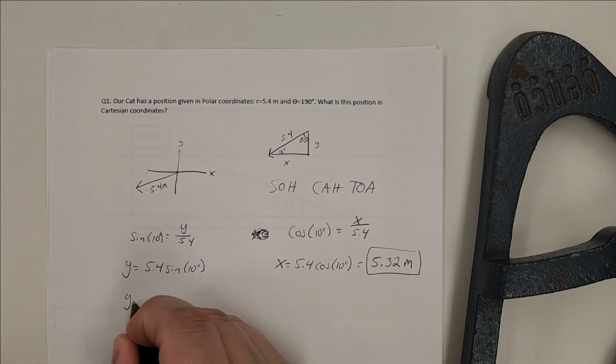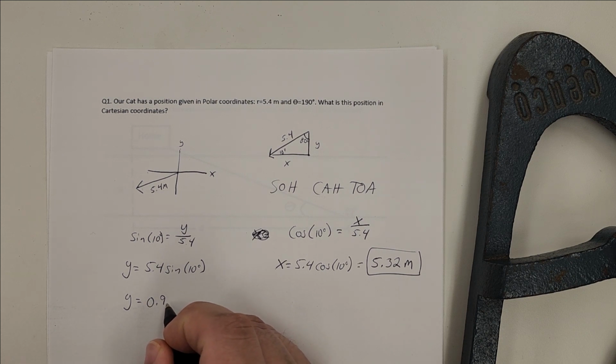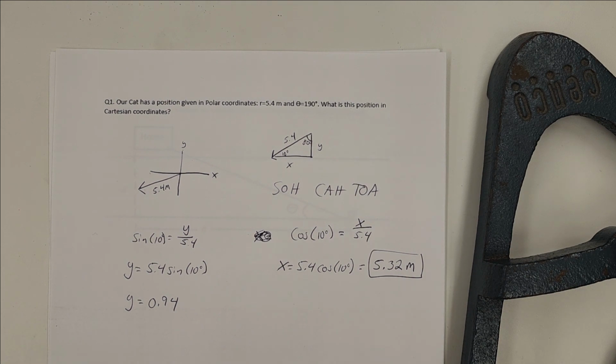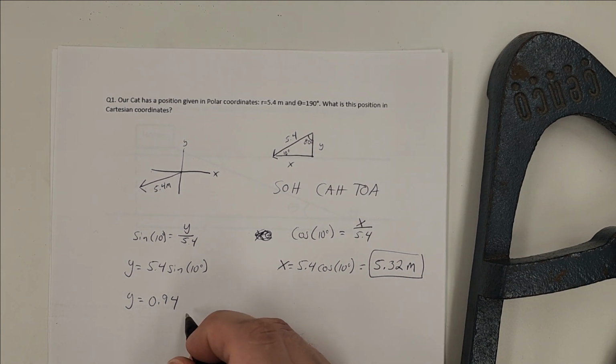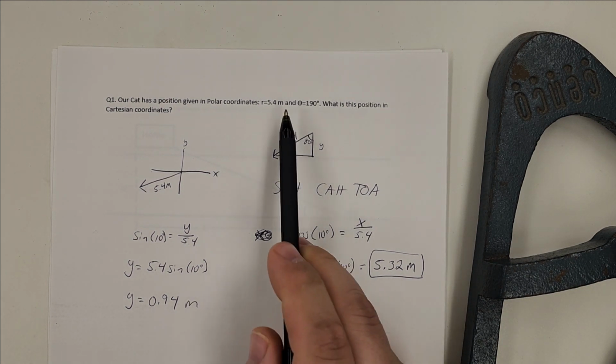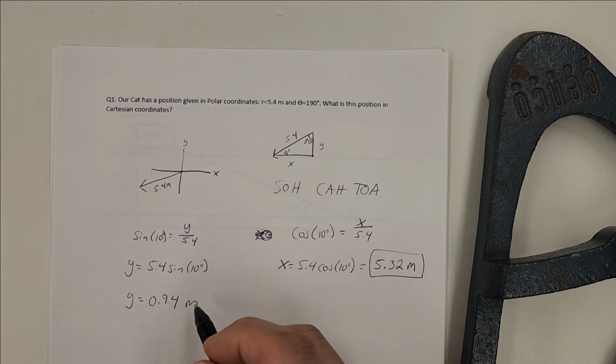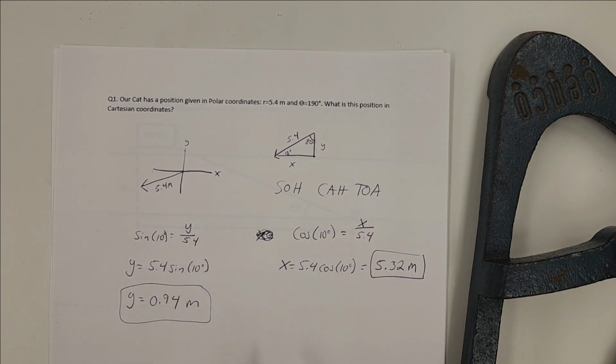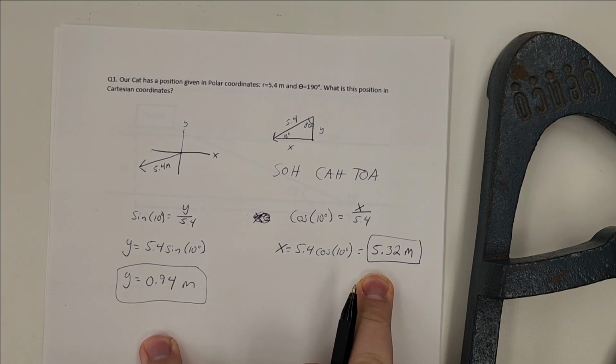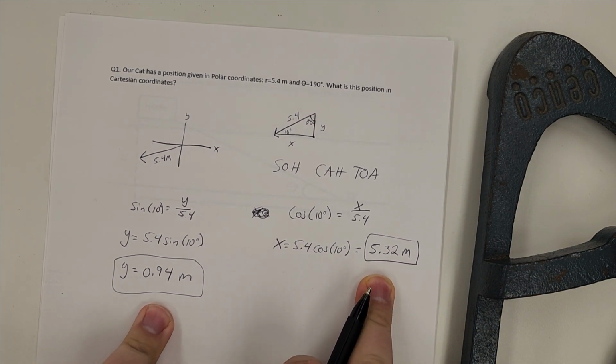And we get that y is equal to 0.9, let's just round that to 4, 0.94. And that one's also in meters, okay, because the original r value was in meters. 0.94 meters. So now, some of this is correct and some of it is not.